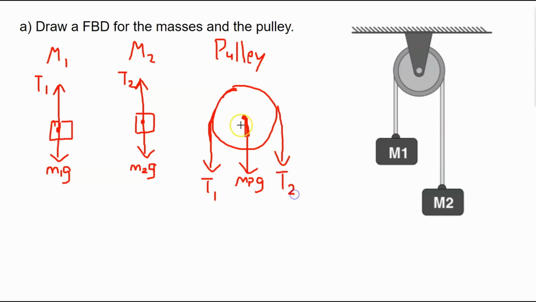These are the contact forces, because when you have a force outside of the center of mass like this, and it acts on the object, a torque is occurring on this object, and when a torque occurs, the object is going to spin. And even though these forces both act downward, they're actually going to spin this pulley in opposite directions.